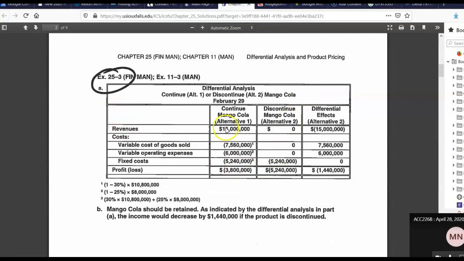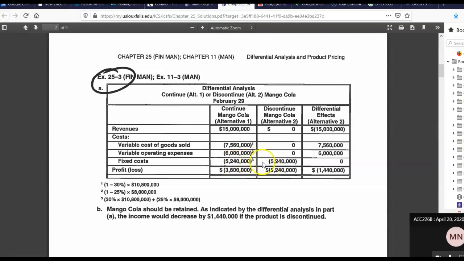What they really talk about going forward with exercise 3 is the fixed costs. And that's the big deal: do we continue with something or do we discontinue it? If you discontinue it, of course you don't have the revenues and you don't have all these variable costs, but this number right here stays.